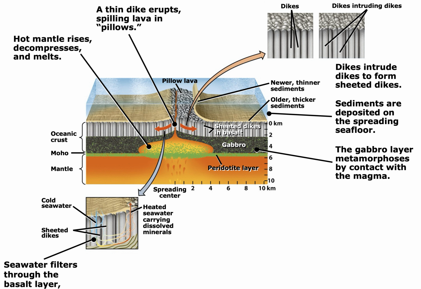So the seawater filters through the basalt layer where it is heated. So when the heated seawater then rises, dissolved minerals precipitate in the ocean.